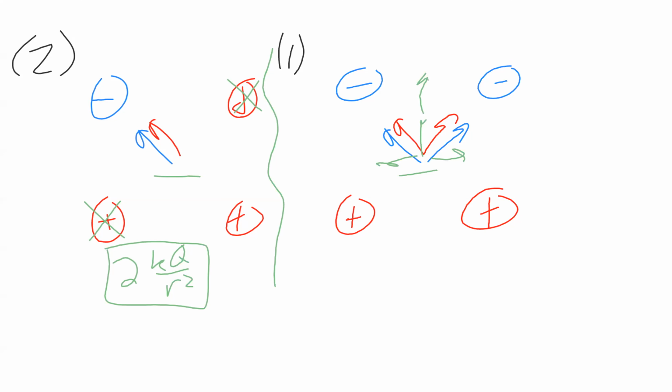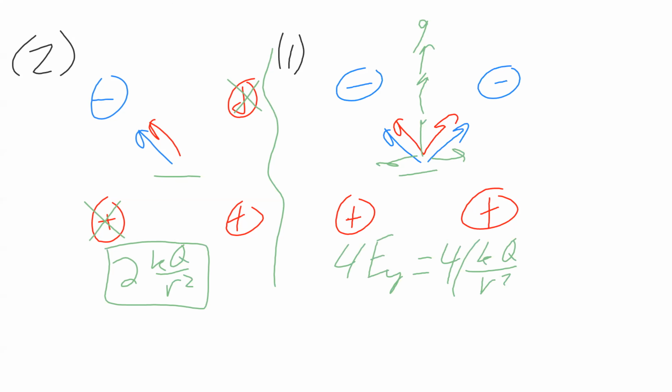Now, specifically here, we'd have 4 y components, right? So we'd have 4 times whatever the y component of one of these happens to be. And we can say a little bit more about how we'd calculate that. It'll be 4 times kQ over r squared. And then since we want a y component, that's going to be either a sine or a cosine of 45.